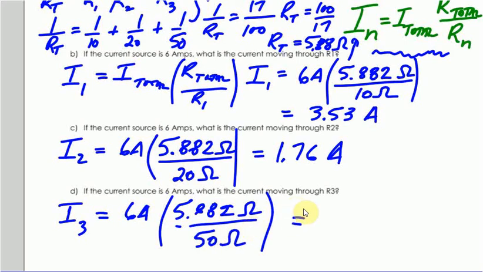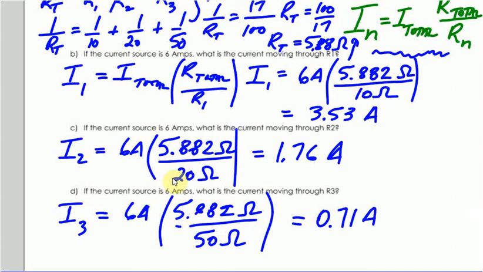Grab your calculator. 5.882 divided by 50 equal to, times by 6 equals 0.7. If we round, we'll say 0.71. So 0.71 amps of current. And that should make sense because that is the biggest resistance. The biggest resistance should have the smallest amount of current.